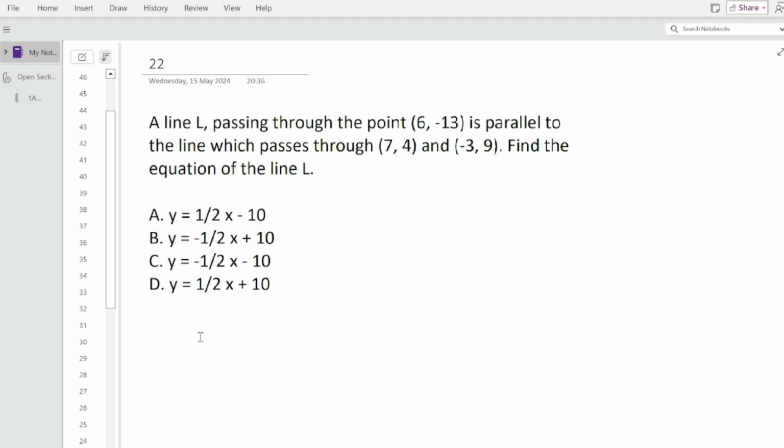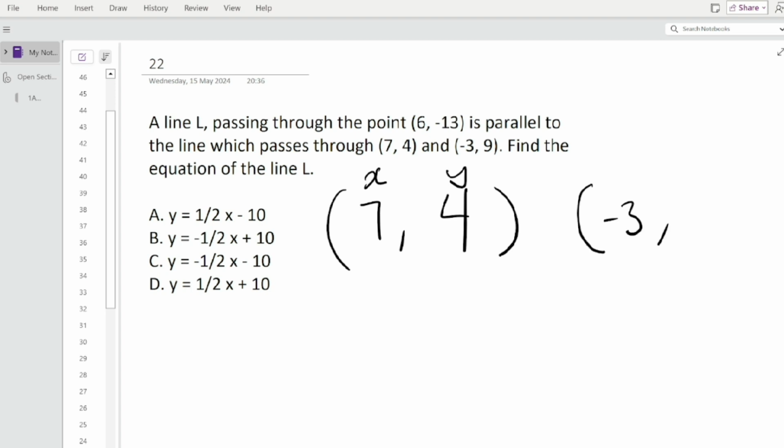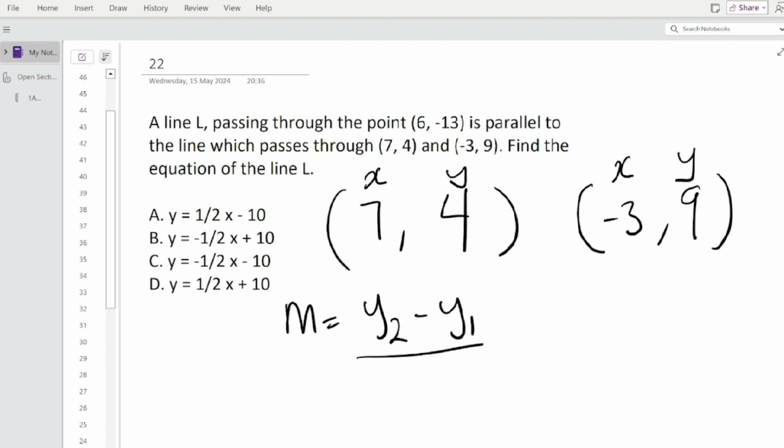So let's take it. We have (7, 4) as our first coordinate with our x and y. And on that same line, we have (-3, 9), our other x and y. With these 2 points, we can find our gradient. Our formula for our gradient m is y2 minus y1 over x2 minus x1.